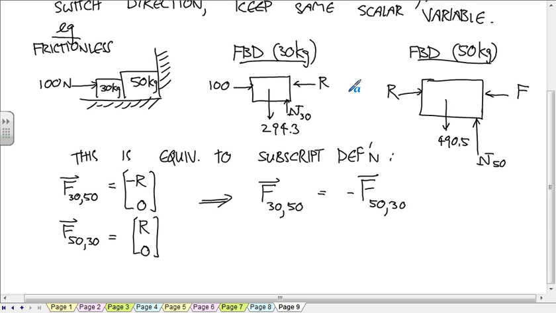But if you're ever confused about whether Newton's third law applies or not, think about those vectors in terms of those subscripts. Newton's third law only applies when you're switching the subscripts.